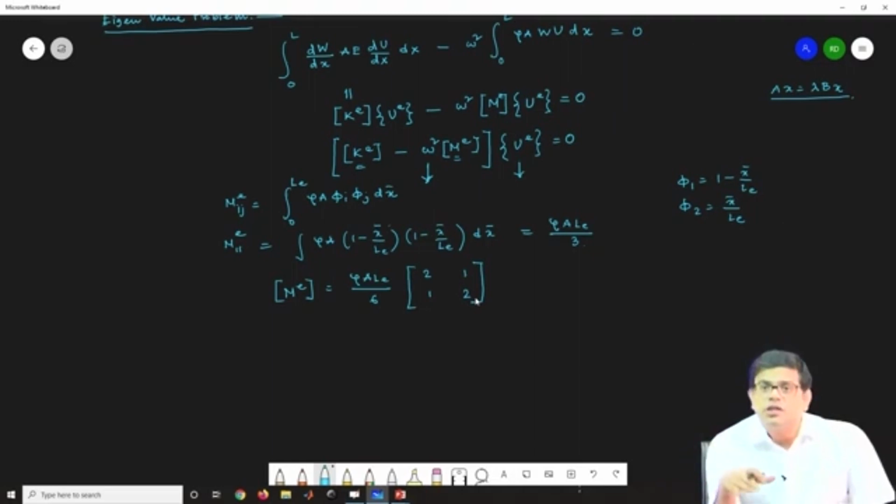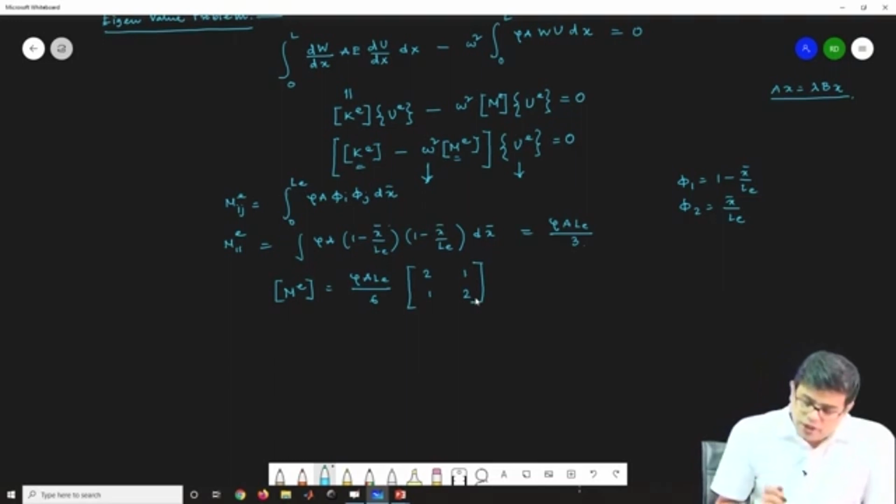This one is a frequency domain solution. So sometimes we prefer a lumped mass system, purely due to numerical reasons. Now this is the consistent mass matrix, which shows how mass is distributed along the degrees of freedom.